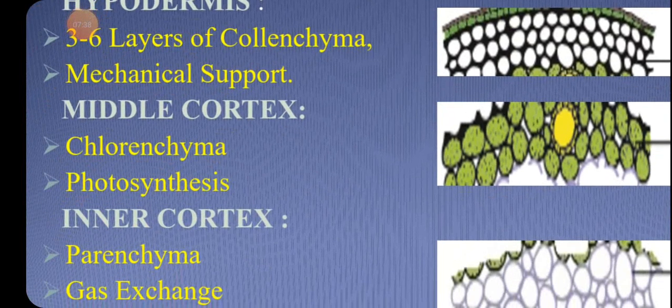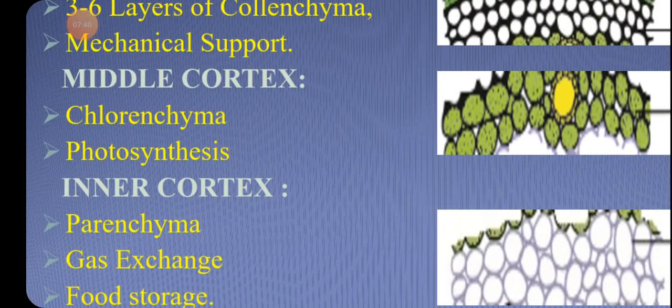And the middle cortex, that is the second or middle region of the cortex, that is chlorenchyma. In the middle cortex, what cells are present? Chlorenchyma cells are present. Chloro means chloroplast.